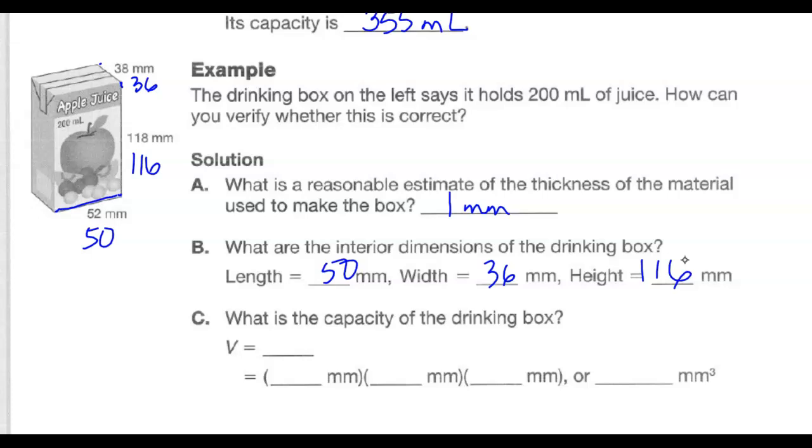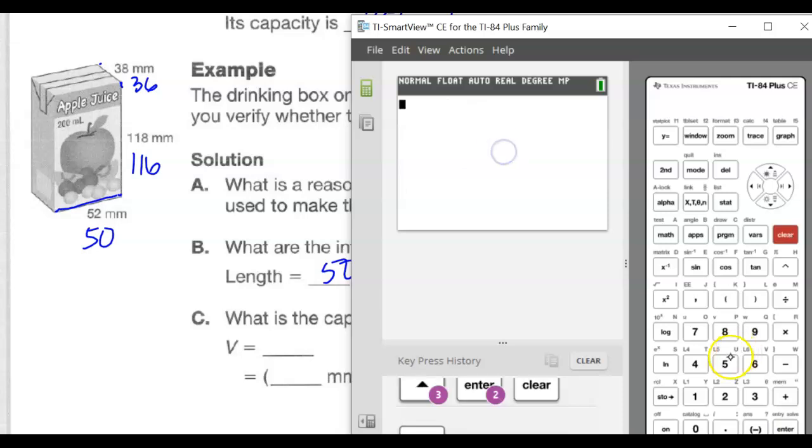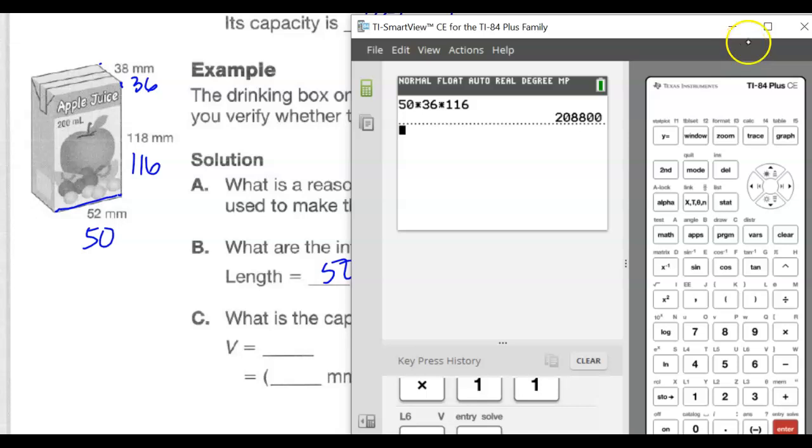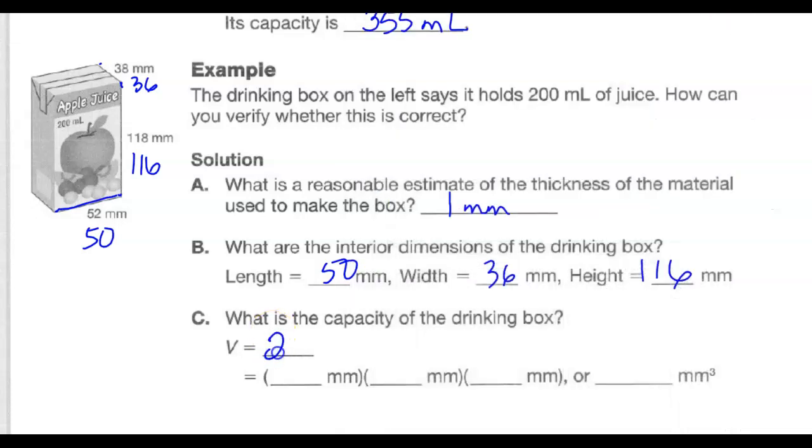And you can get your calculator out. So 50 by 36 by 116 and 208,800. Okay.